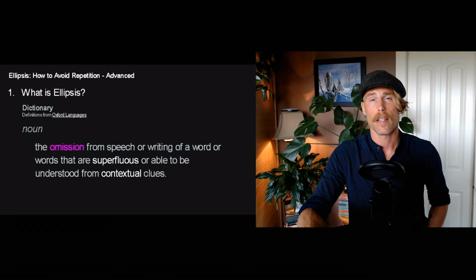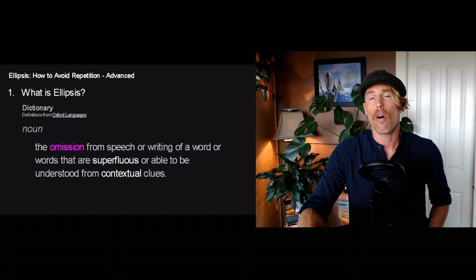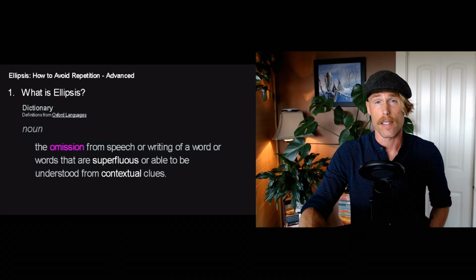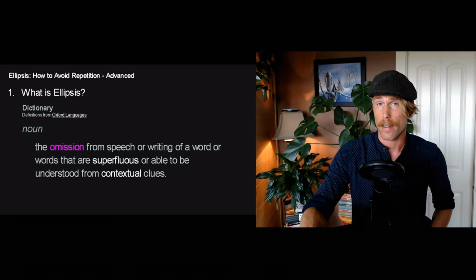Basically, ellipsis is the deletion or leaving out certain words that are already understood by the listener or the reader, and therefore they do not need to be repeated because they are unnecessary or obvious what the meaning is without using the words again.